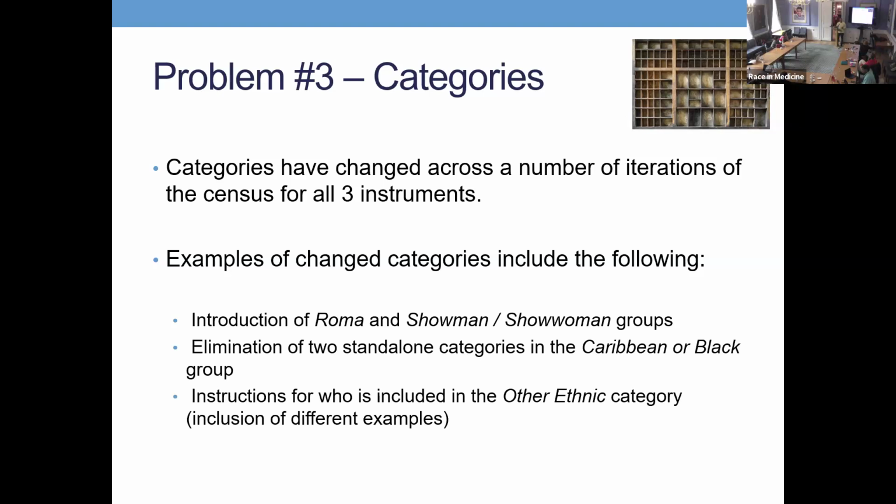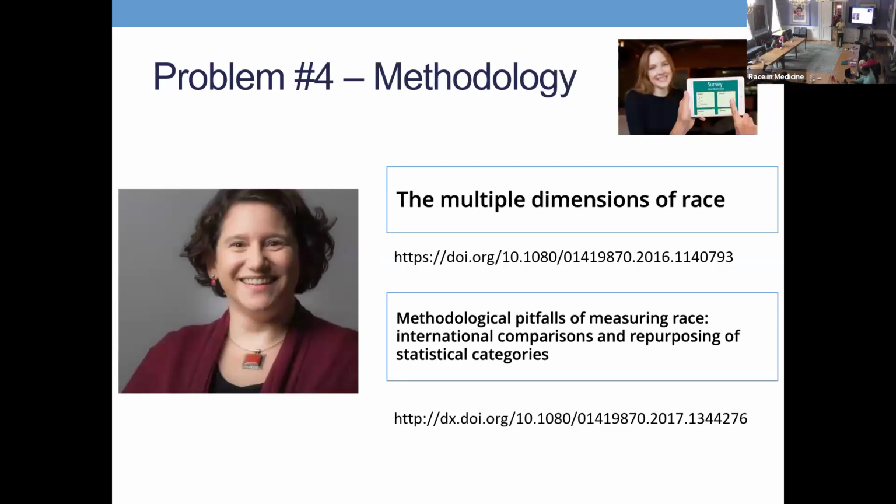Okay. 4th problem is methodology. And this is in some senses highlighted by Wendy Roth's work, who is a sociologist at the University of Pennsylvania, who discusses the ways in which the questions that are asked of people will change the answers that they happen to give regarding their racial or ethnic self-identification. These include things like, what do you see yourself as?